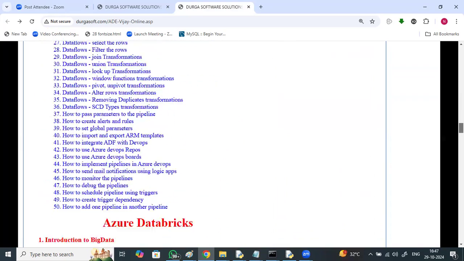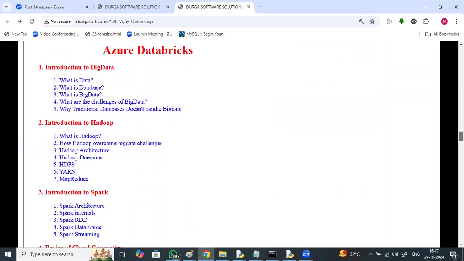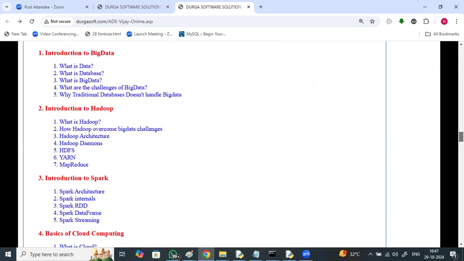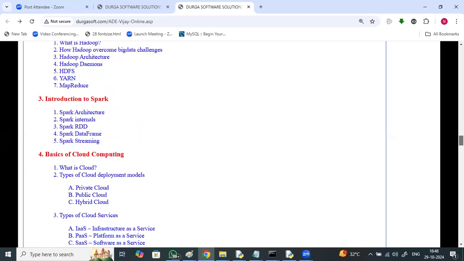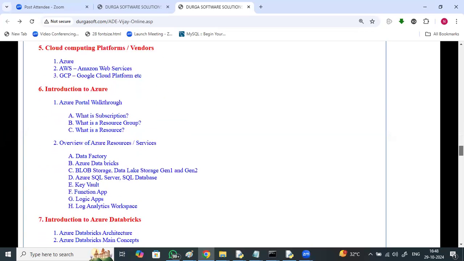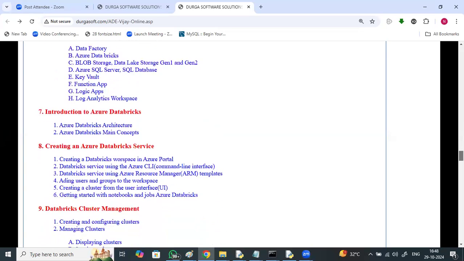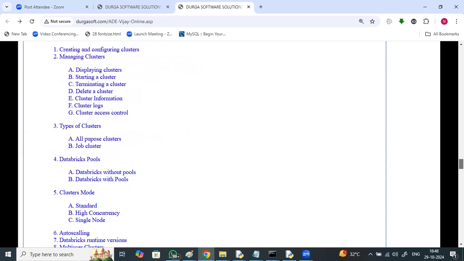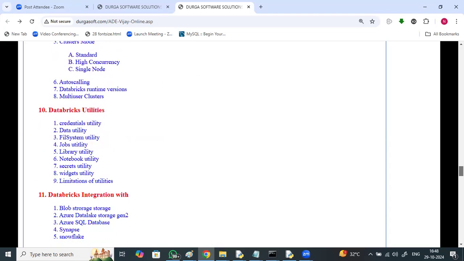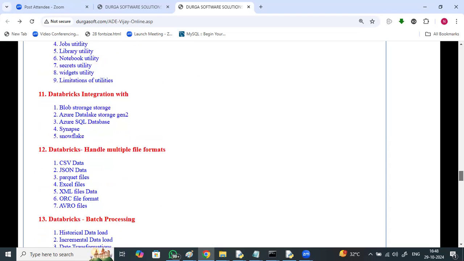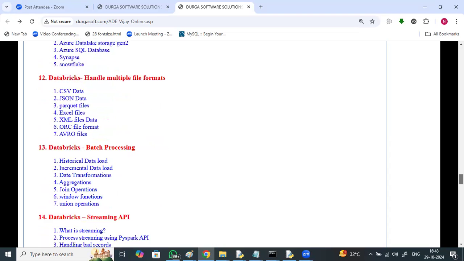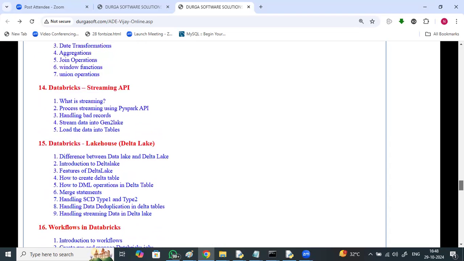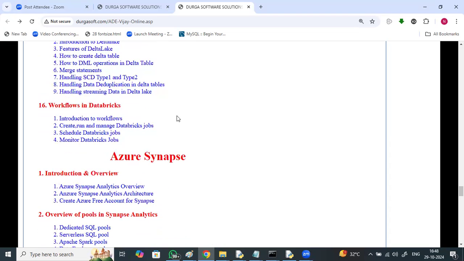And Databricks: before that, introduction to big data, Hadoop, Spark, cloud computing, Azure, and creating the Azure Databricks service, cluster management, Databricks utilities, Databricks integration, handling multiple file formats, batch processing, streaming API. And Azure Synapse.